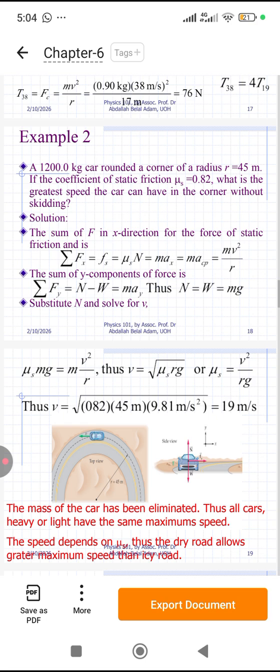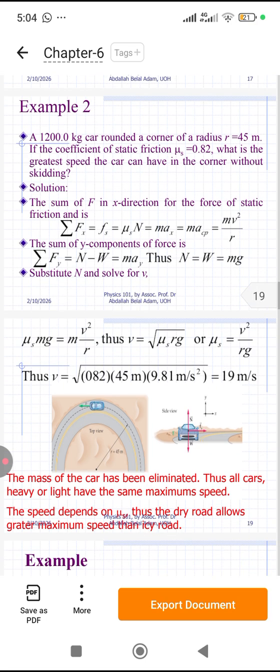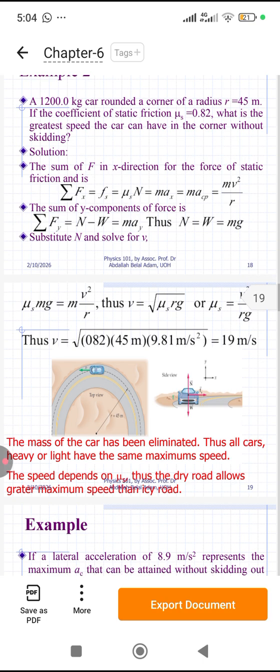Thus, the sum of F in the x direction and the y direction, with the force of static friction, total Fx equals Fc.